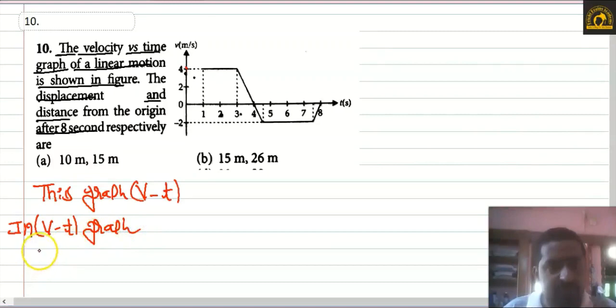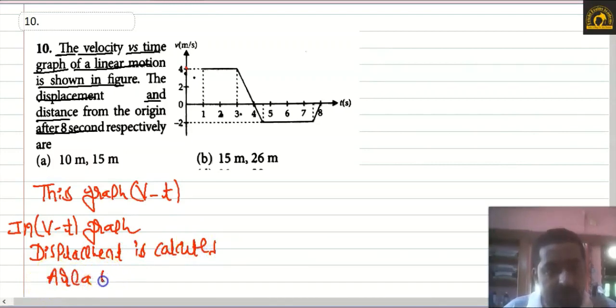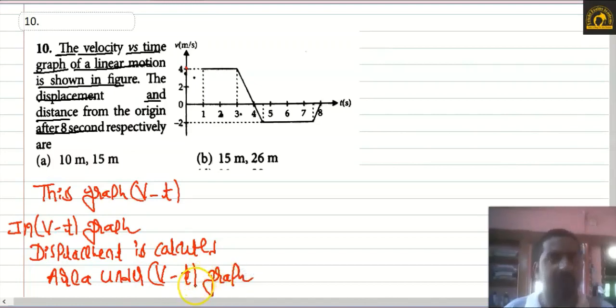The displacement and distance are calculated from the area under the VT graph.